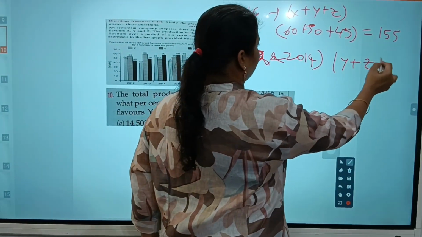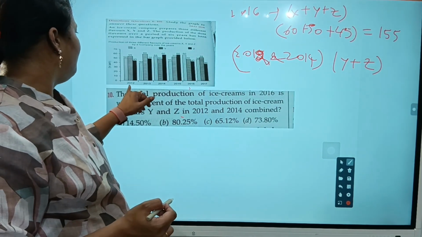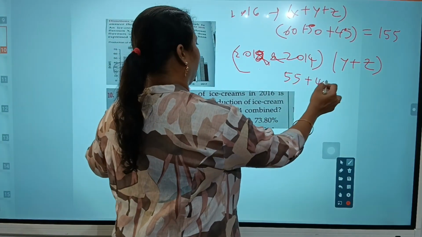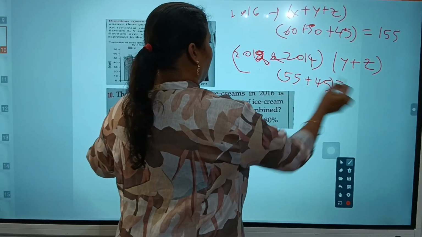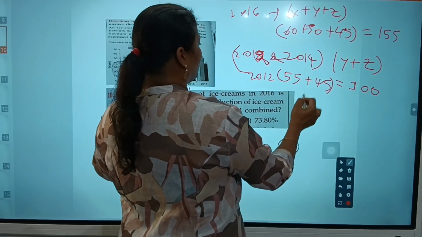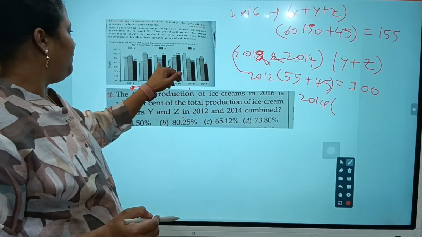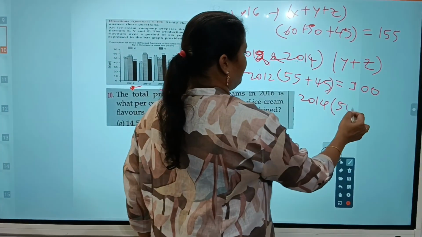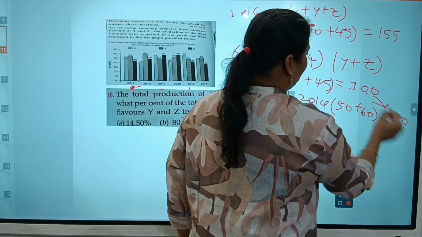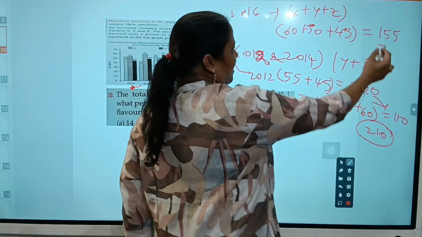Y plus Z. Okay. So in 2012, what is YZ? 55 plus 45. That is 100. For 2014, Y plus Z, 50 plus 60. It is 110. So total combined it is coming to 210. So here it is 155.